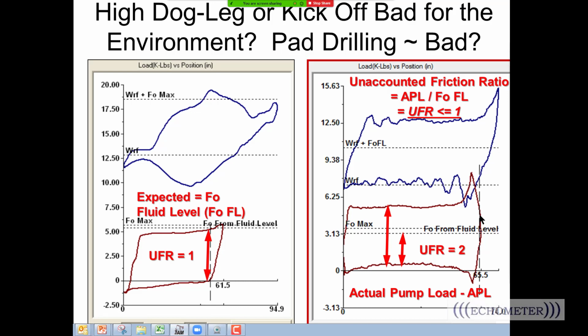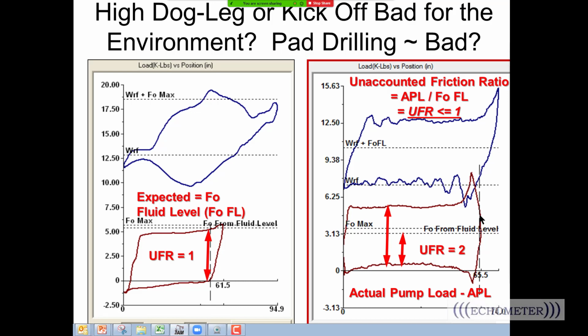Okay, we have another question from Borg Phone. If there were distributed rod-tubing friction, how would that show in the card? Or are you able to account for all the friction at point locations, like at the stuffing box, sticking points, or a dog leg? Right.